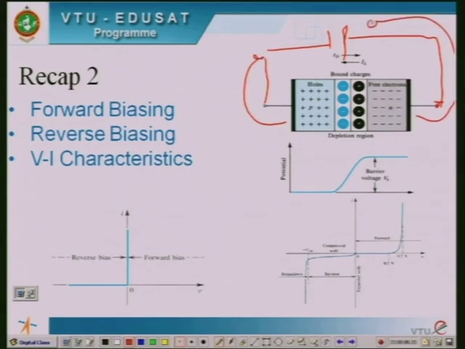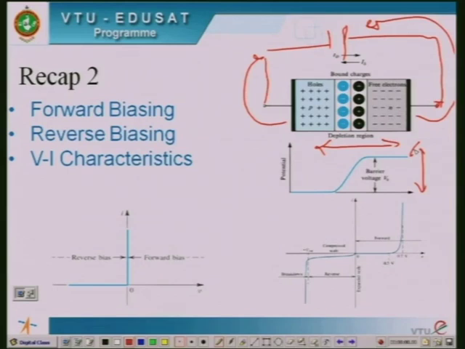Similarly, the electrons will be attracted towards the positive terminal of the battery, and therefore the depletion region increases. Correspondingly, the barrier height, or the potential barrier that exists because of the depletion region, also increases, and that will block the movement of the charge carriers across the junction. Therefore the diffusion current will be 0, whereas the drift current, which is due to the minority charge carriers, will flow, and this drift current is in the range of microamperes.